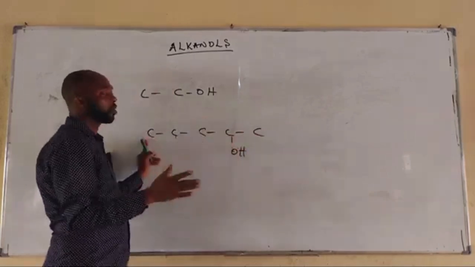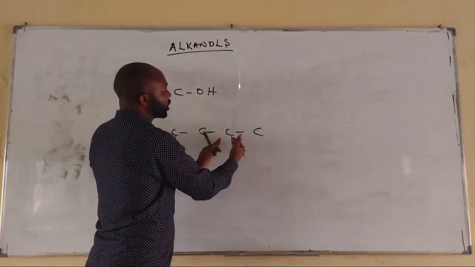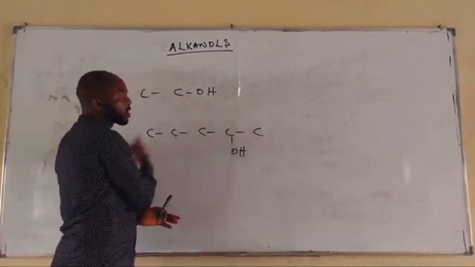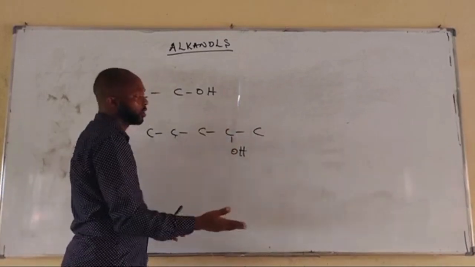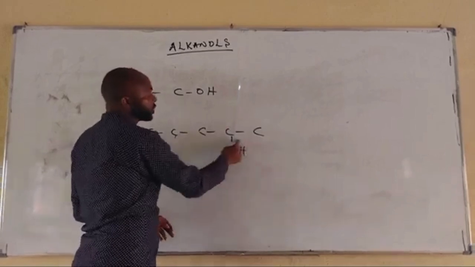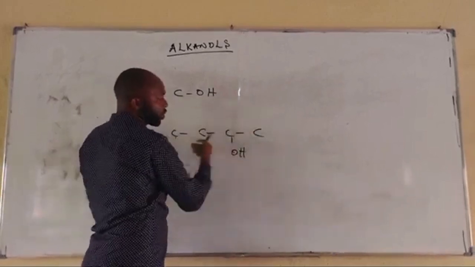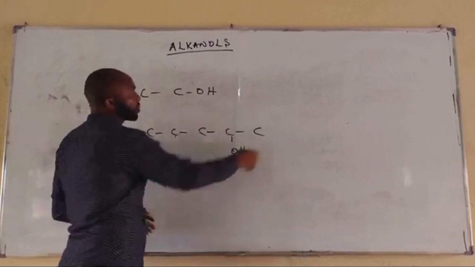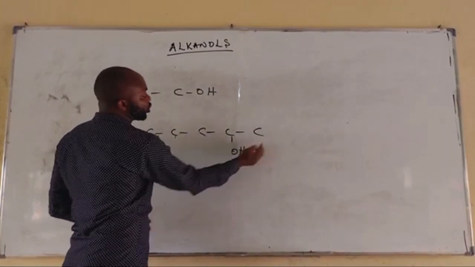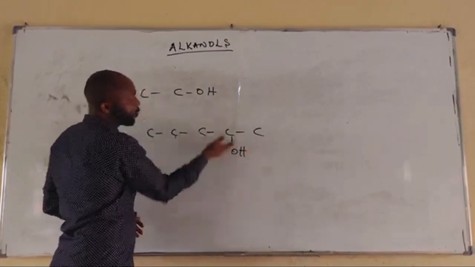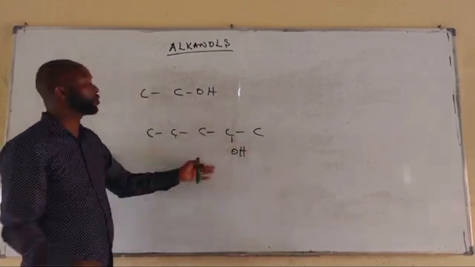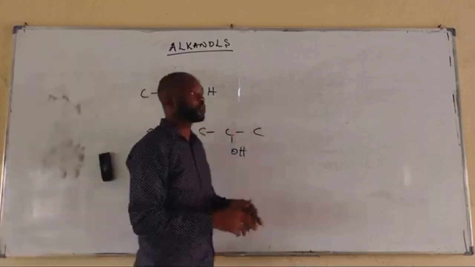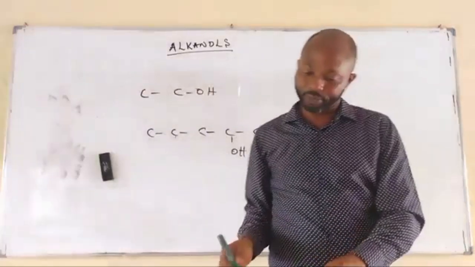Alright, that would be wrong. It will be from this direction, which is the lowest possible side. Here is 2 pentanol and not 4 pentanol. So the position of the OH must be the lowest possible when you count your parent chain and not the other way. So the positions of the locant here is 2 from this direction and 4 from this direction. 4 is higher than 2. So we must start the numbering from this direction, which is 2 pentanol.